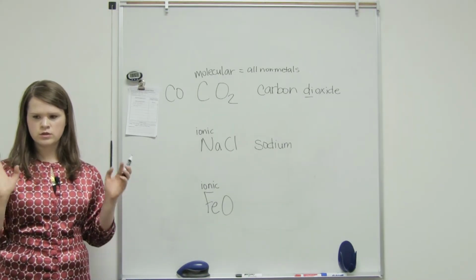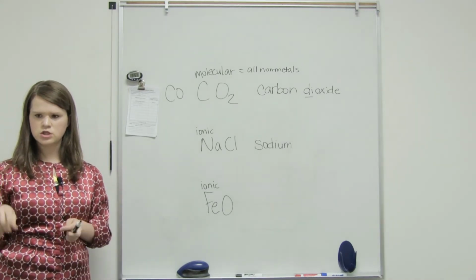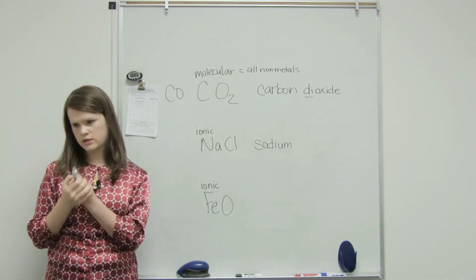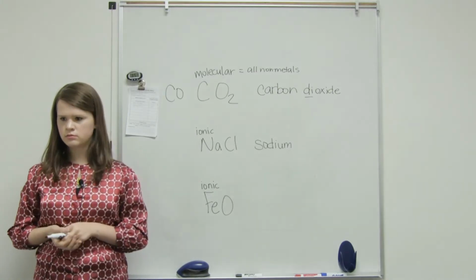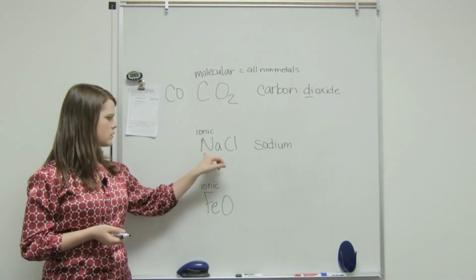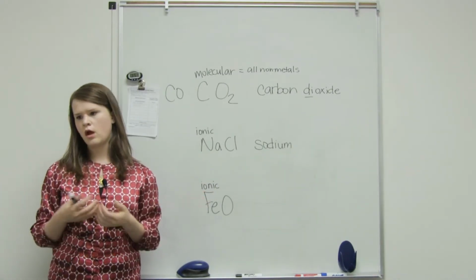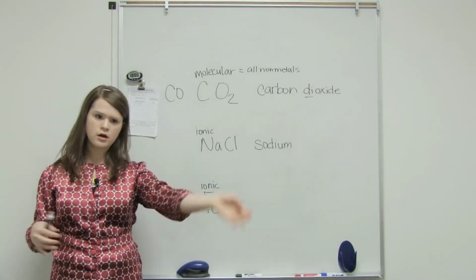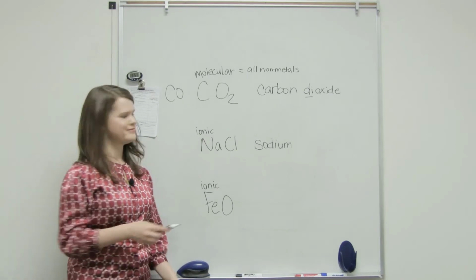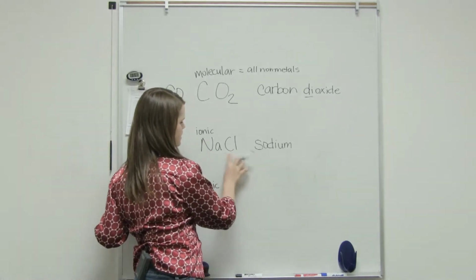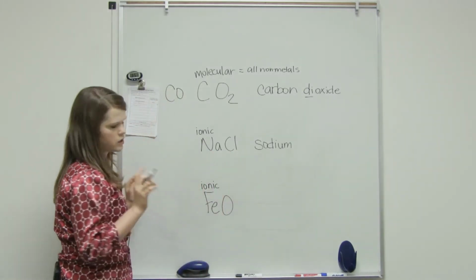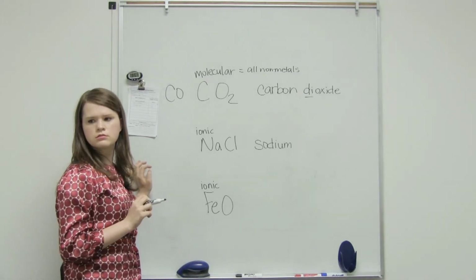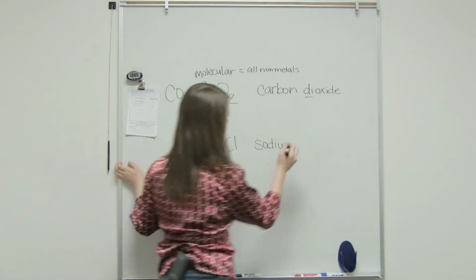We use parentheses with transition metals because the transition metals have multiple playing cards, and I don't know which card they just put down. With these guys, the ones that we know what their charge is, they always play the same card. We don't need to put parentheses. Okay. And so sodium, and then we state the anion's name with an "ide" at the end. So chloride. Yep, sodium chloride.